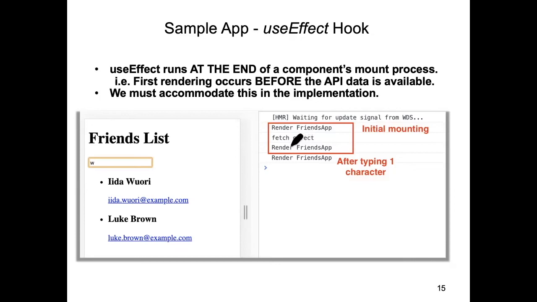However, when the component rendered on this occasion here, I now have a full list of friends. My text box is empty though. Therefore, my matching list of friends is the full list of friends. And so that would appear. When the component rendered for the third time, I now have something in my text box, and possibly the matching list of friends is going to be smaller than the full list.